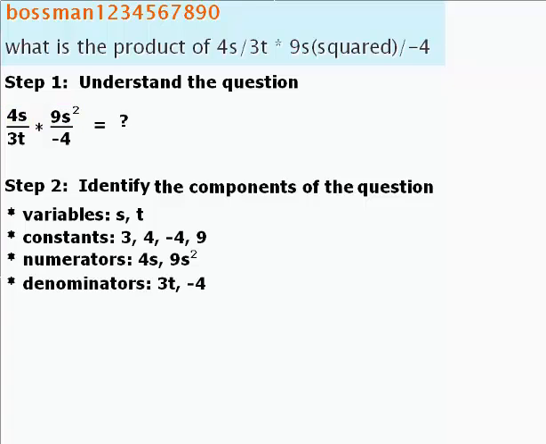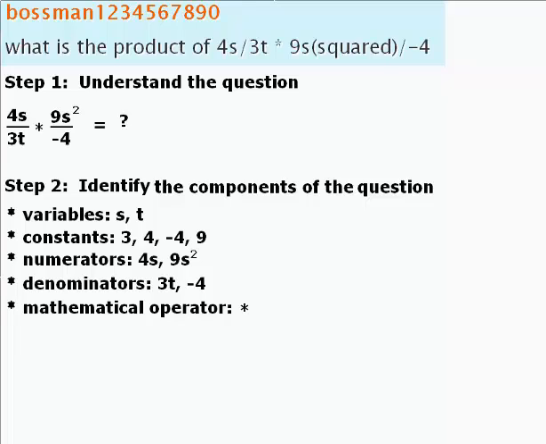Next, we will take a look at the denominators 3t and -4. And finally, we have the mathematical operator, in this case an asterisk, which simply tells us that we are multiplying the two fractions.